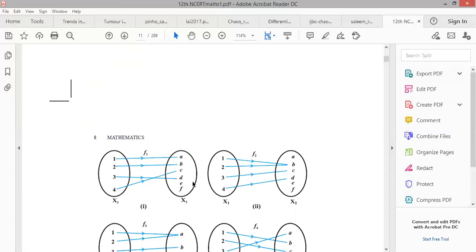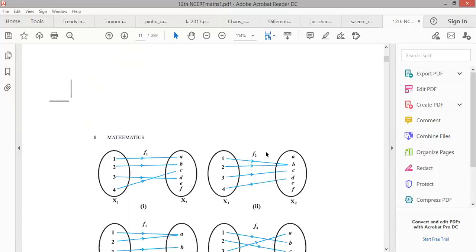But the question is whether this is onto. The answer is no, because there exist elements E and F that have not been mapped from any of the elements of the domain set x1.